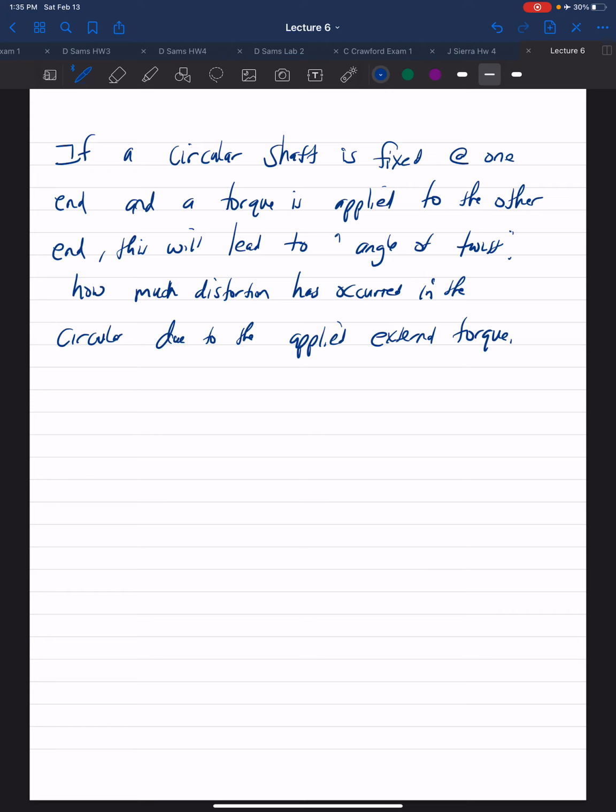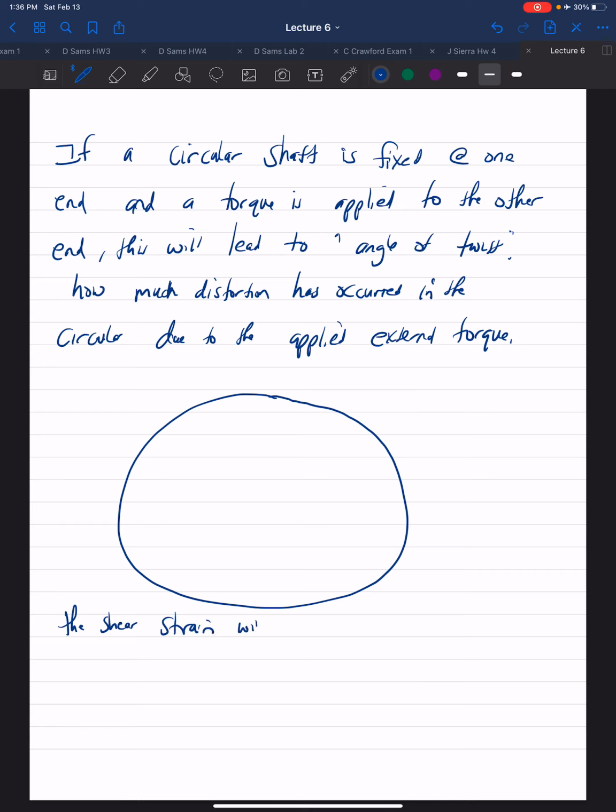So if we look at the cross section of a circular rod, the shear strain within the shaft varies linearly along any radial line from 0 at the center to a maximum at the outer boundary.